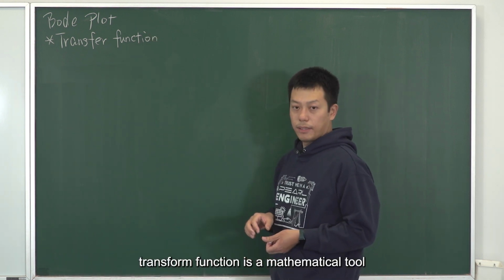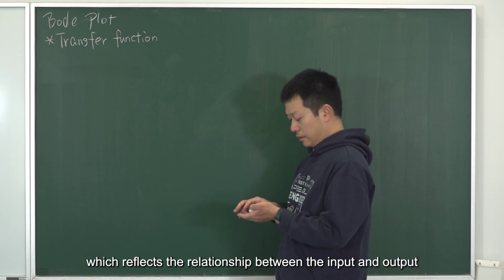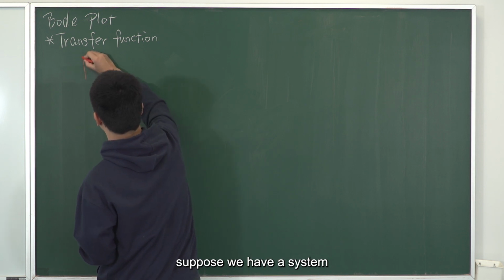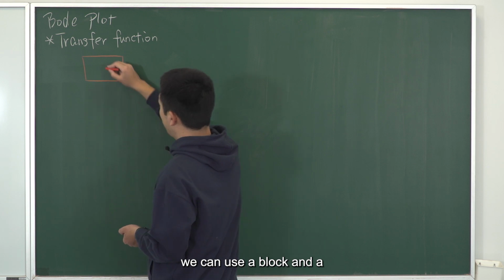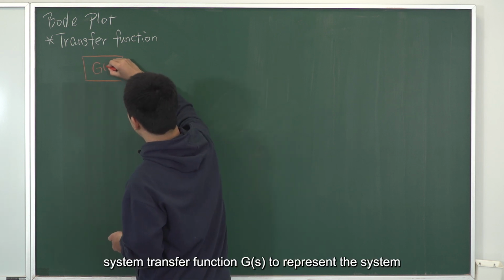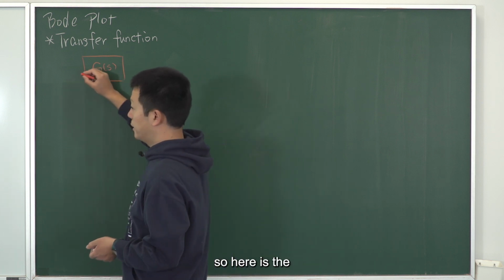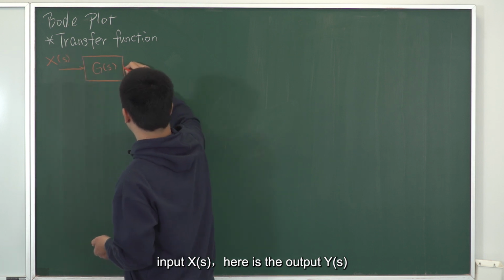Transfer function is a mathematical tool which reflects the relationship between the input and output. Suppose we have a system. We can use a block and a system transfer function G(s) to represent the system. Here is the input, X(s).